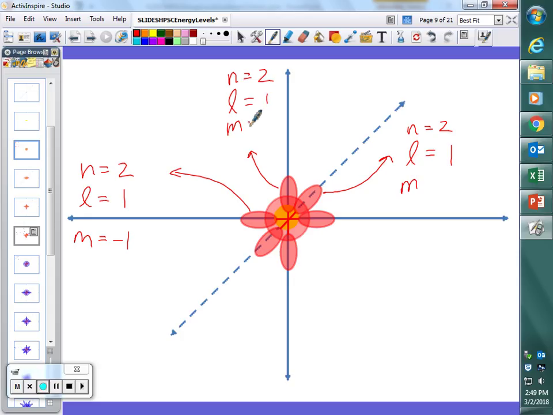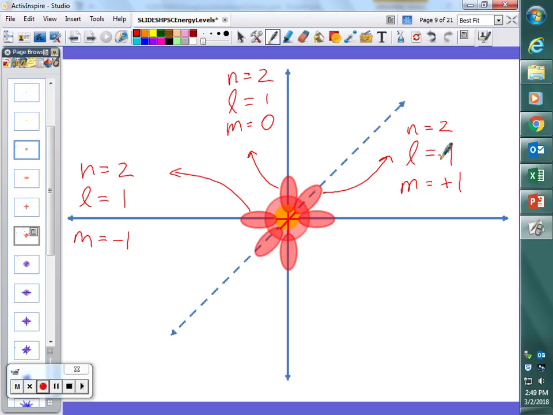So its M value is going to be 0. And this one here has to be equal to what? Positive 1. You should put positive, yes. That's cool. We will do a lot more practice with this, so it's easy to do. Does that mean all the other ones on the other levels are the same?